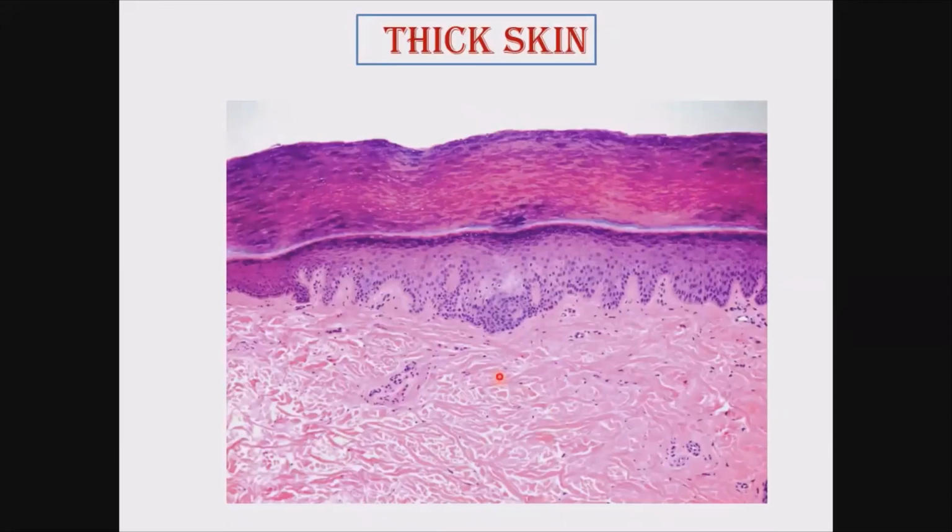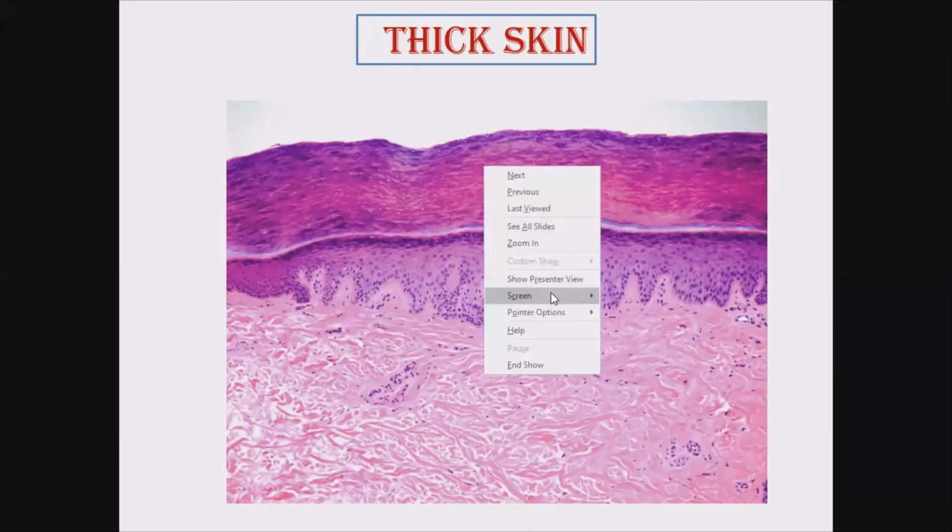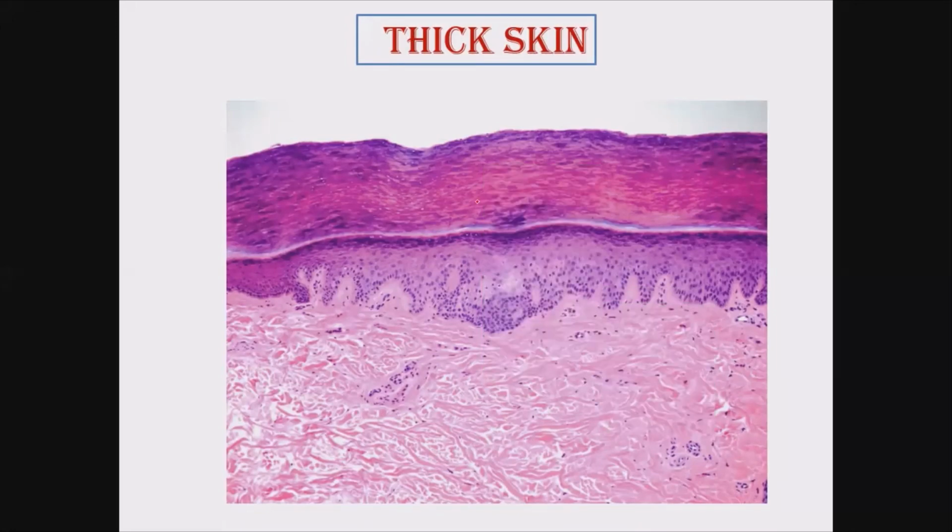Now, this is just to differentiate, or you can say a revision of what we have read, the thick skin and thin skin. Thick skin will be the part which consists of the thick epidermis, in which we have thick keratin. Stratum corneum is very thick. We can see this stratum lucidum layer.